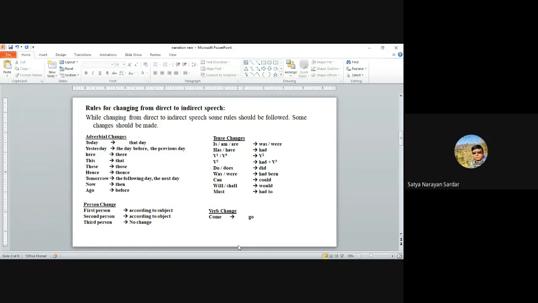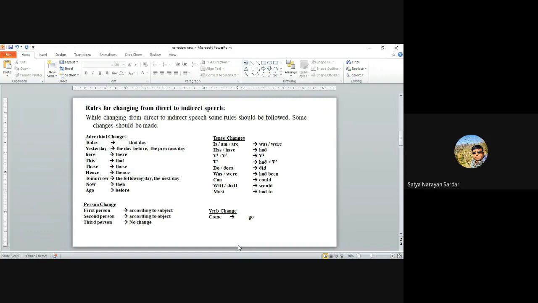So far as tense is concerned, inside the inverted commas, if there is the use of is, am, or are, it should be changed into was or were according to the subject. Has or have into had.